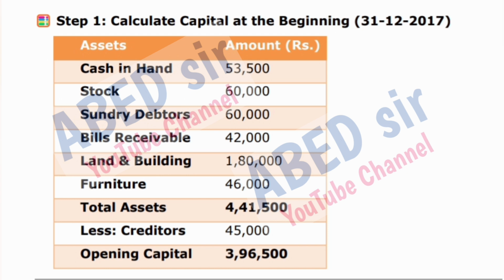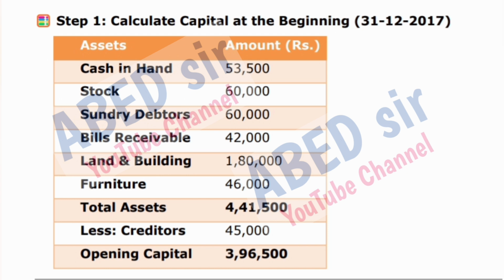Step 1. Calculate capital at the beginning, 31st December 2017. Assets, amount in rupees: Cash in hand 53,500. Stock 60,000. Sundry debtors 60,000. Bills receivable 42,000.